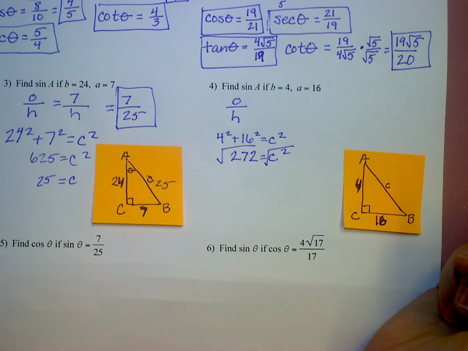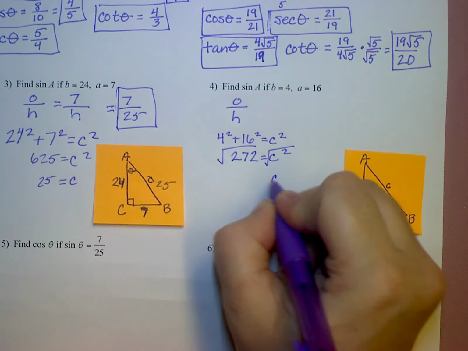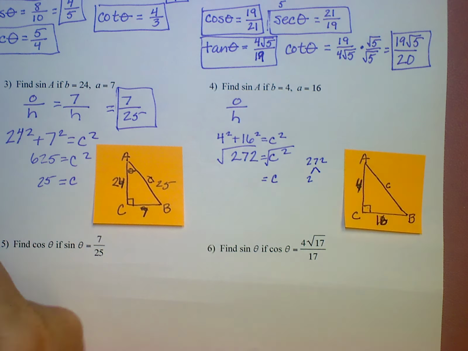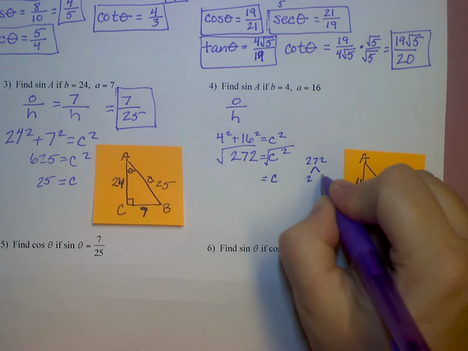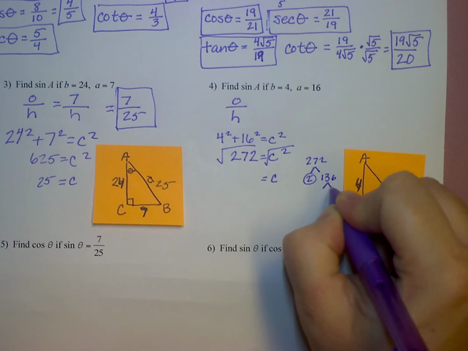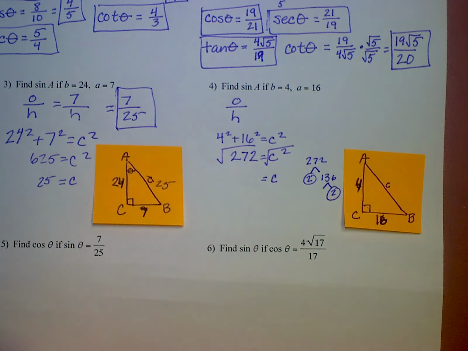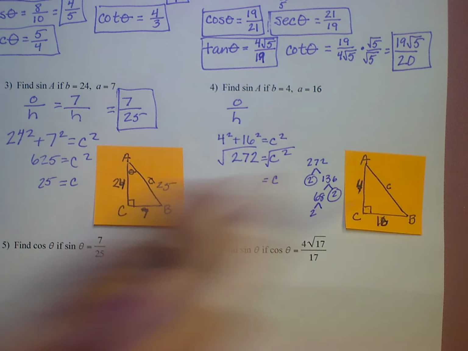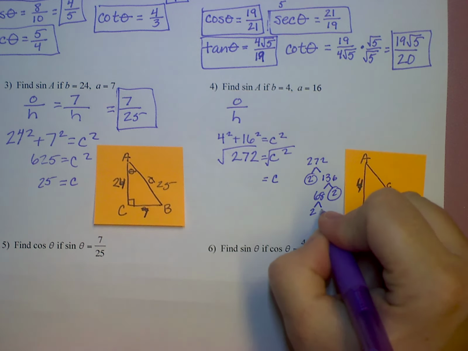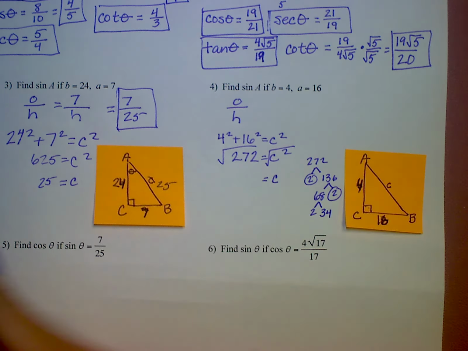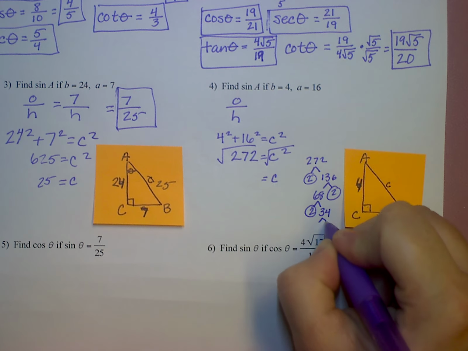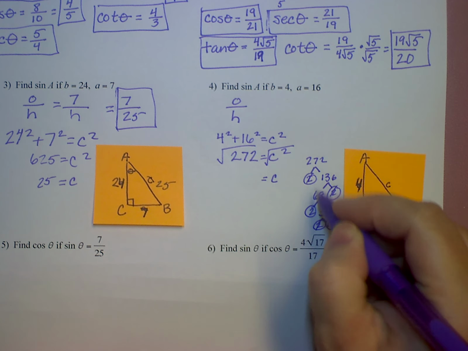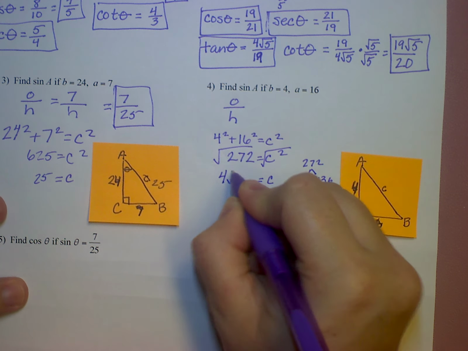So far, are you matching me here? Okay, so I think I have 4 radical 17 as my hypotenuse.